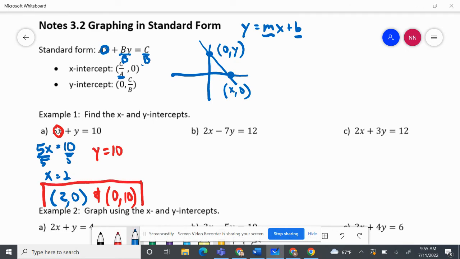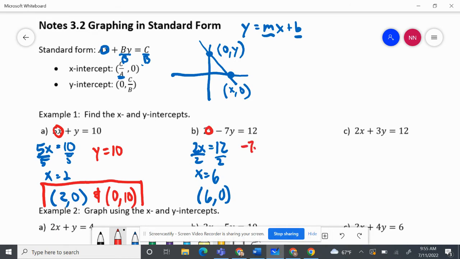Let's look at the next one. For this one, I'm going to find my x-intercept by plugging a 0 in for the y. So I get 2x equals 12. I divide it by 2. x is equal to 6. So I have the ordered pair 6, 0. Now, when I'm finding my y-intercept, I plug a 0 in for the x.